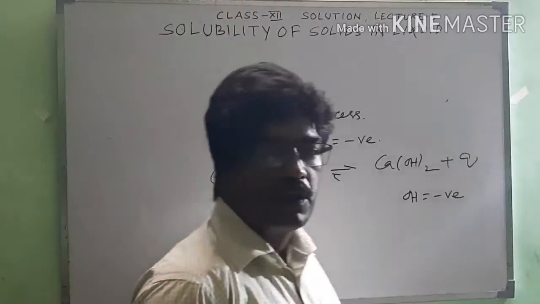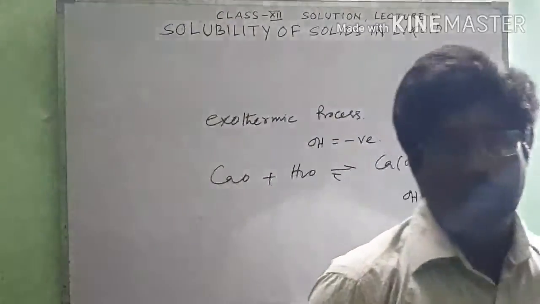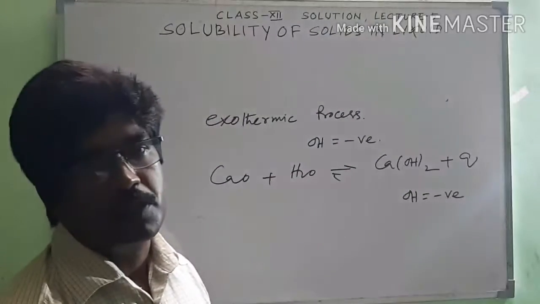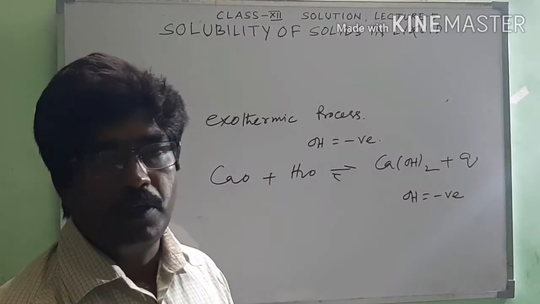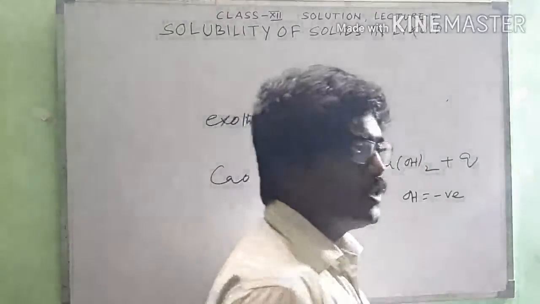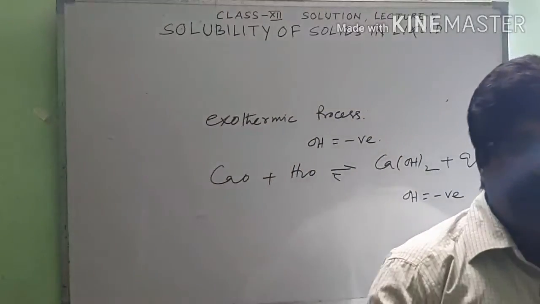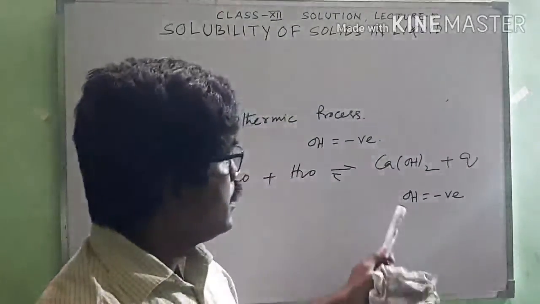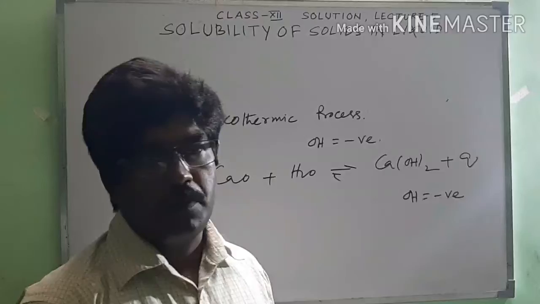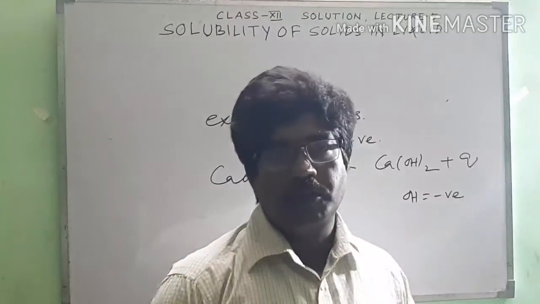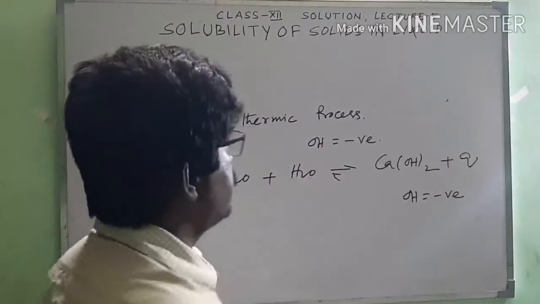So if we increase the temperature, the process will go in the backward direction and the solubility decreases. So in any reaction where water is added, if heat is evolved, then the solubility decreases with increase in temperature.